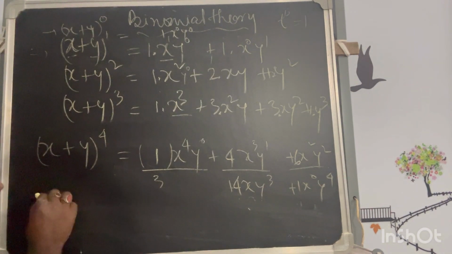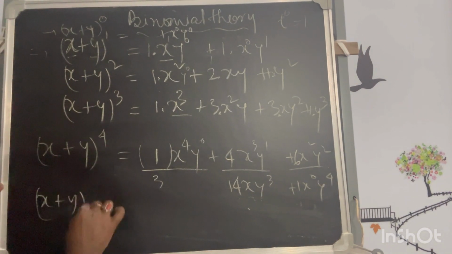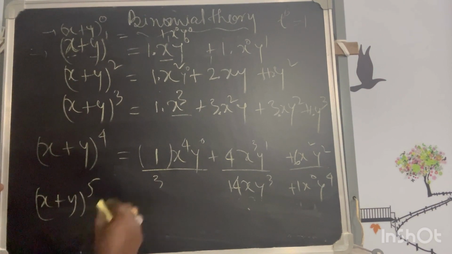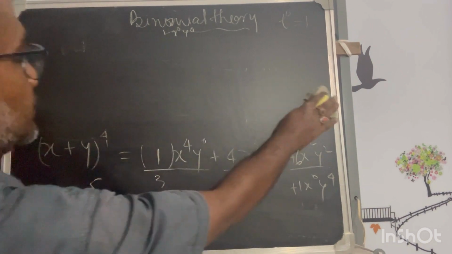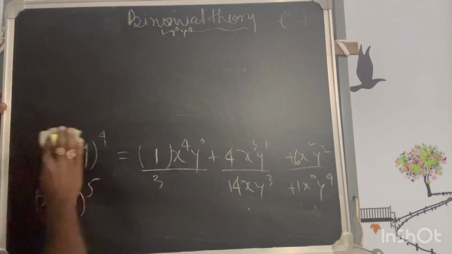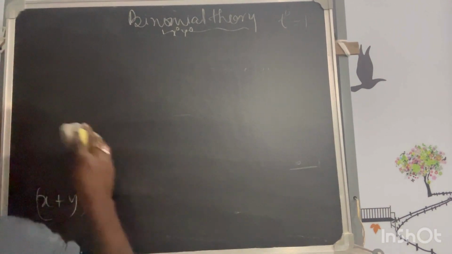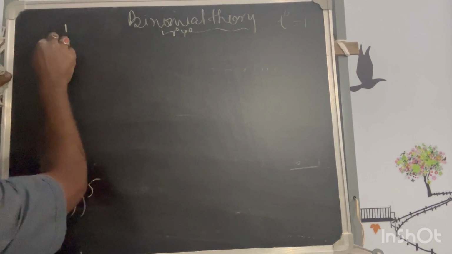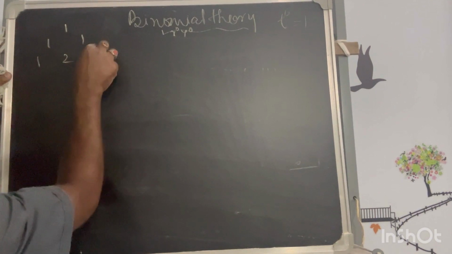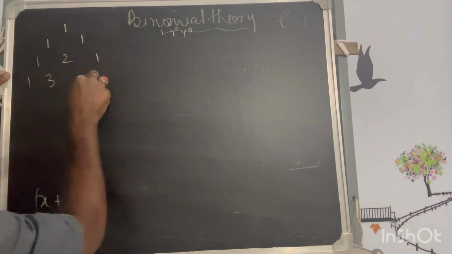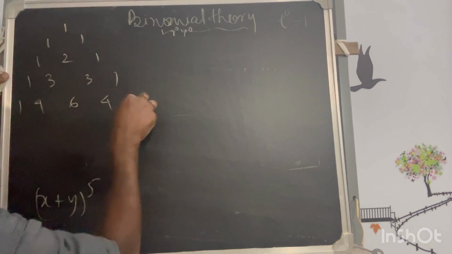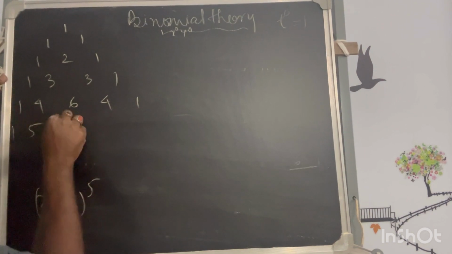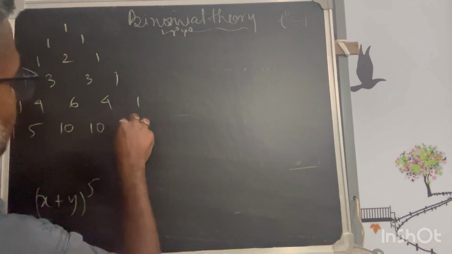So now if I write the series further, I can get the coefficients of the next one also. So I am writing 1, 1, 1, 1, 2, 1, 1, 3, 3, 1, 1, 4, 6, 4, 1, 1, 5, 10, 10, 5, 1.